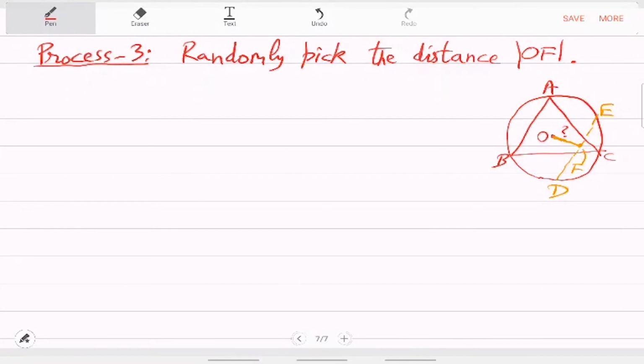So, not the point F, but the distance, okay, which is OF. So, it seems that it is the same as picking F, but you will see that probability will come out to be different.